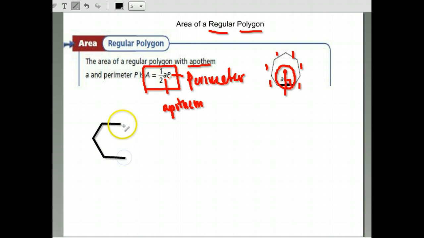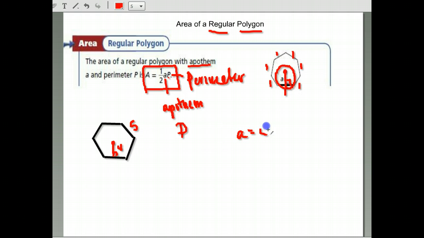Okay, so let's pretend that I'm a good artist and that I came out with a regular hexagon here. Okay, let's say we have a hexagon and the apothem is length 4 and this side is length 5. Find its area. Okay, so what two things do we need? We need the perimeter and we need the length of the apothem.